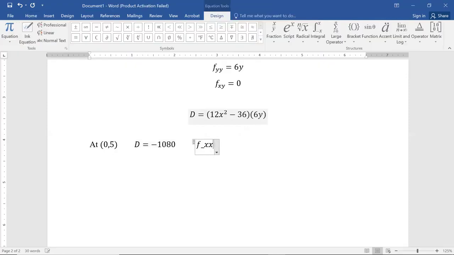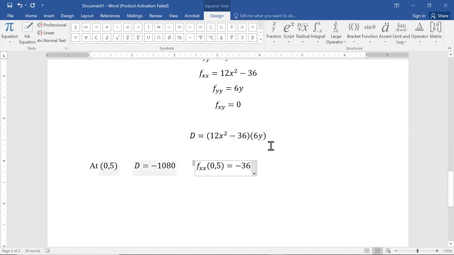F sub xx, when I plug in (0, 5) into that function, well, that's a negative 36. Now, what's this mean?